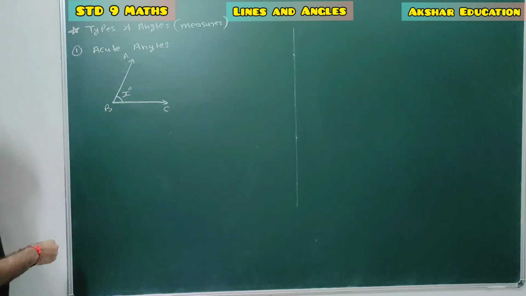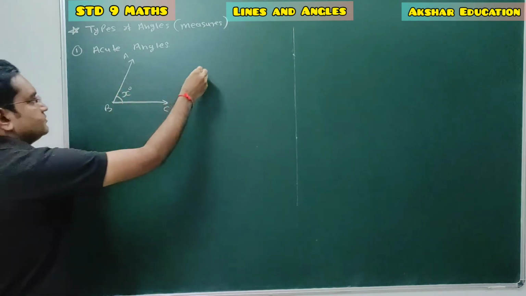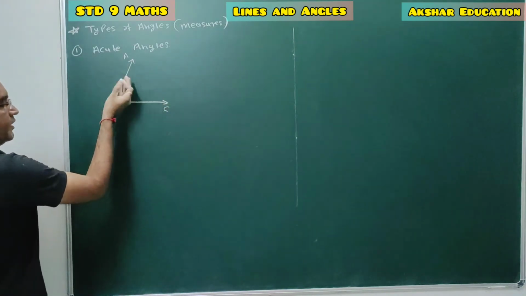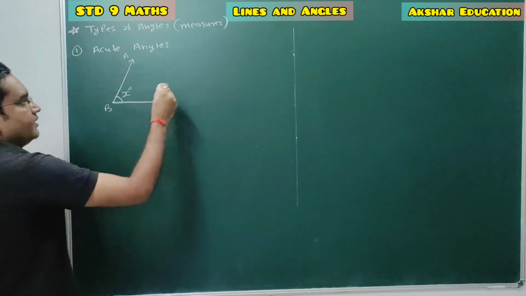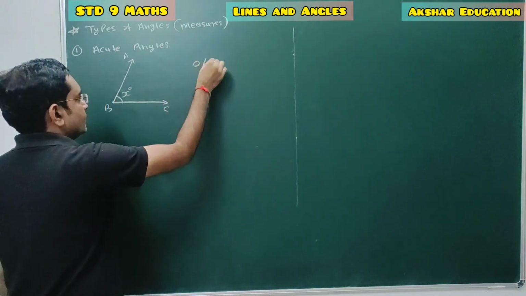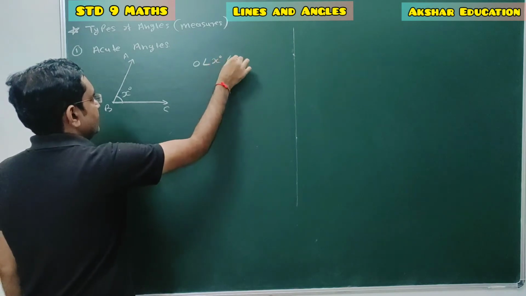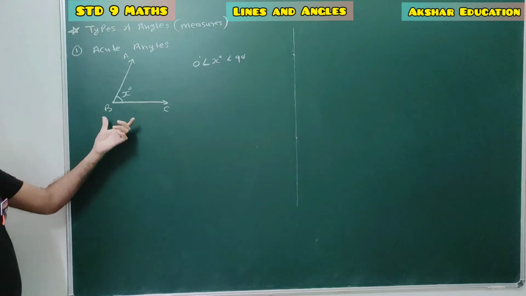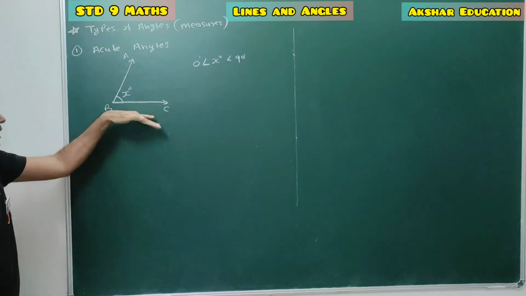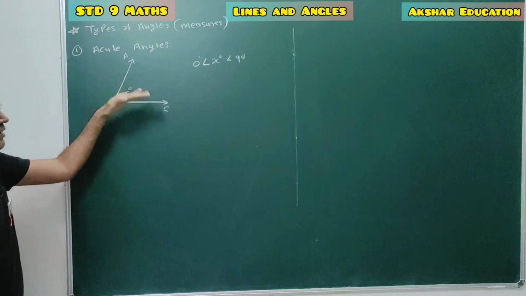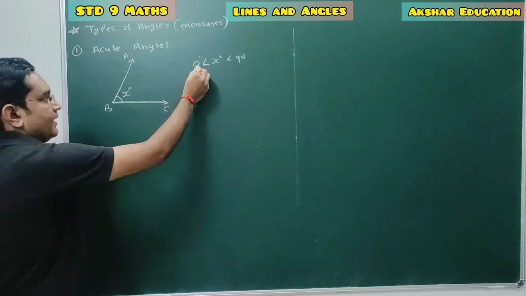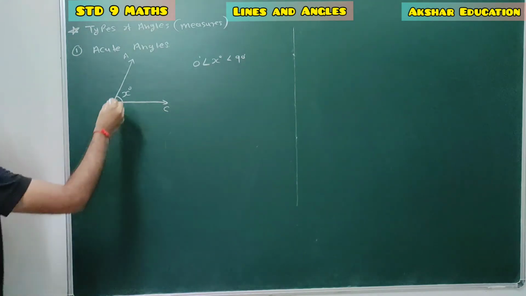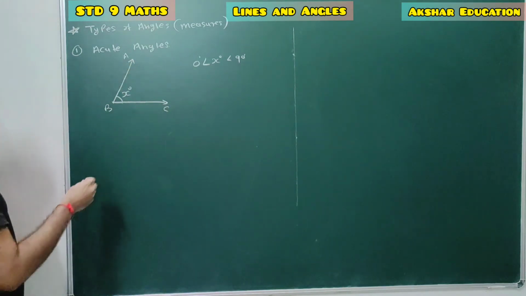So here the measure of this angle is greater than 0 degree, but it is always less than 90 degree. So 0 less than x less than 90 degree. So if the measure of angle lies between 0 and 90 degree, given angle is known as acute angle. So here angle ABC is acute angle.